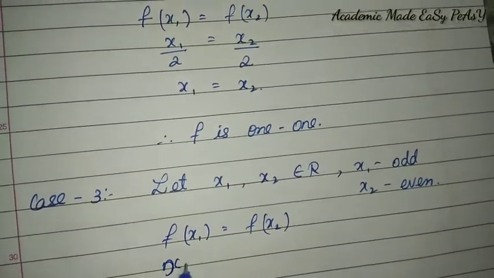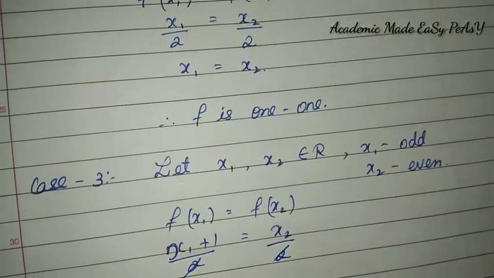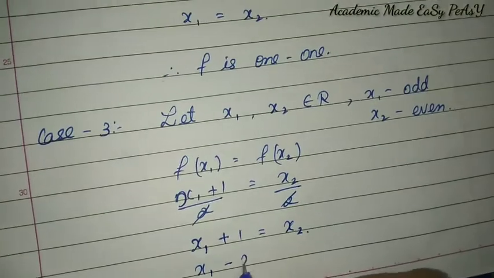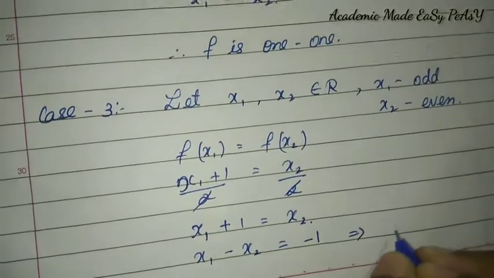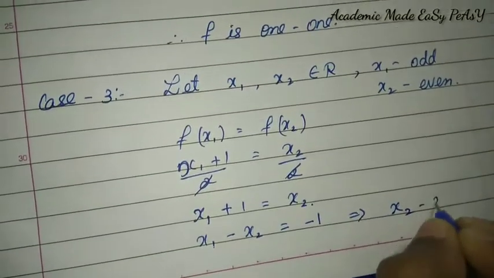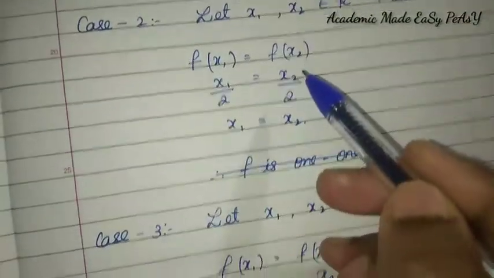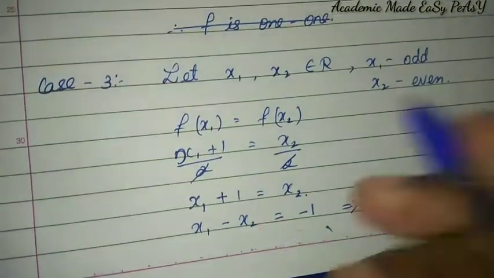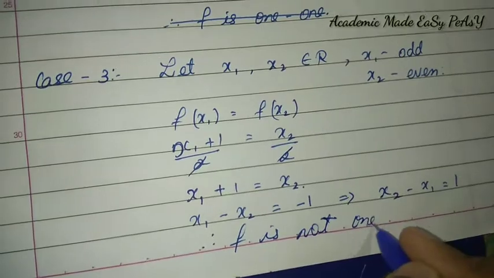So (x1 plus 1) by 2 is equal to x2 by 2. 2 and 2 will get cancelled. x1 plus 1 is equal to x2. x1 minus x2 is equal to minus 1, or x2 minus x1 is equal to 1. So here it is satisfied, here it is satisfied, but here the condition is not satisfied. So therefore, f is not 1 to 1.